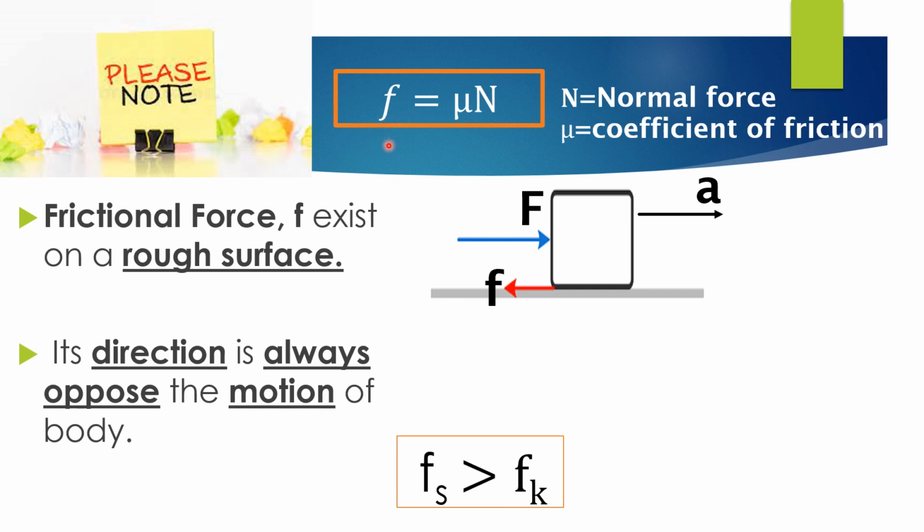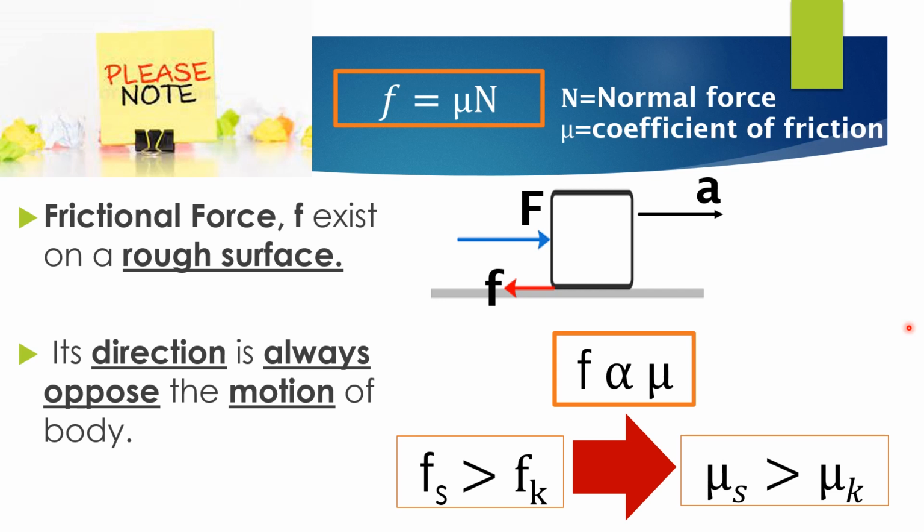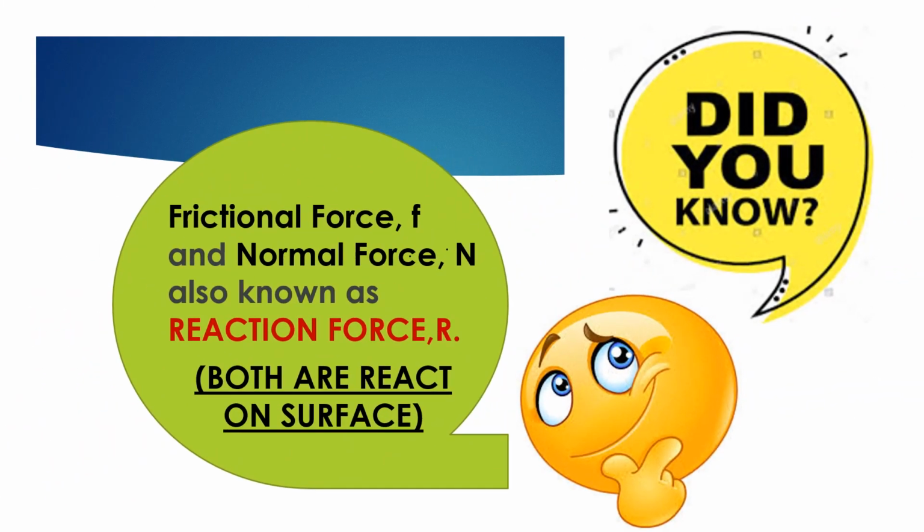According to this formula, we can say that the magnitude of frictional force is directly proportional to the coefficient of friction, so the coefficient of static friction is also greater than the coefficient of kinetic friction. Did you know the frictional force and normal force, also known as reaction force, both act on the surface?